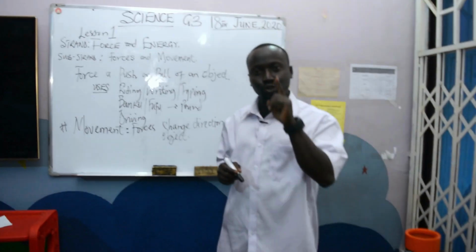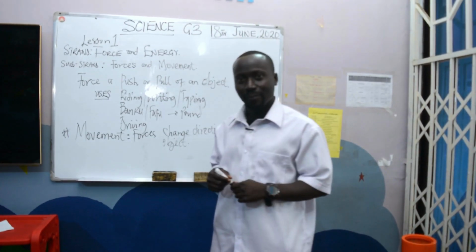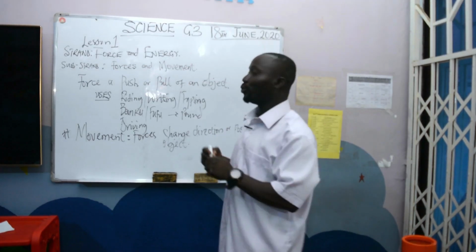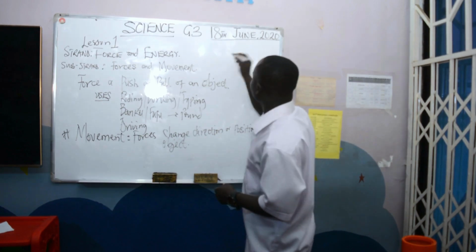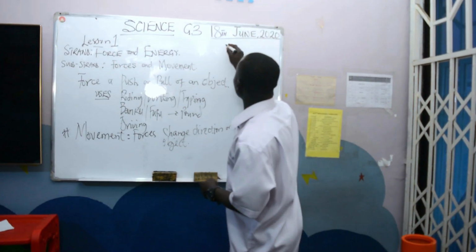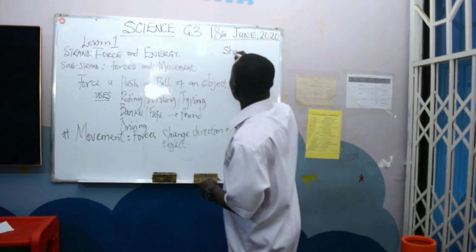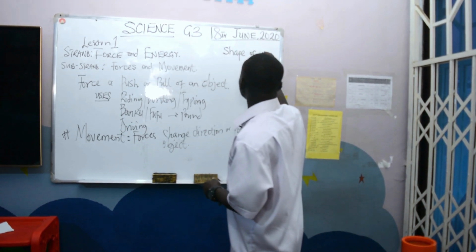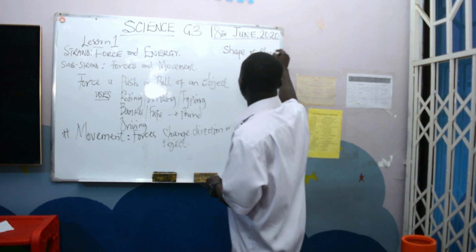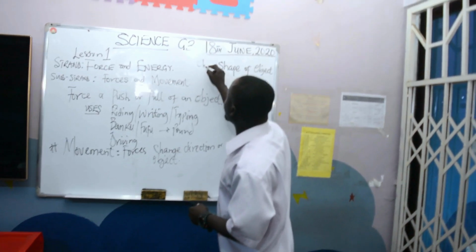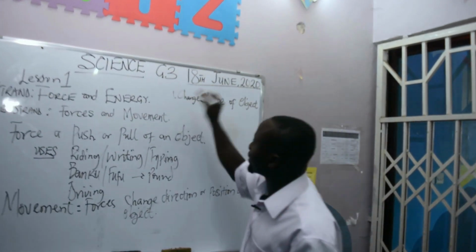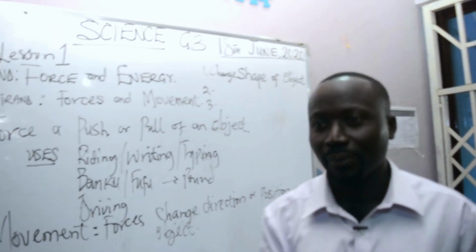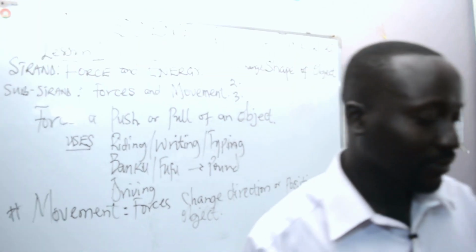One thing I want to draw your mind to is that there are various things a force can do. First of all, a force can change the shape of an object.